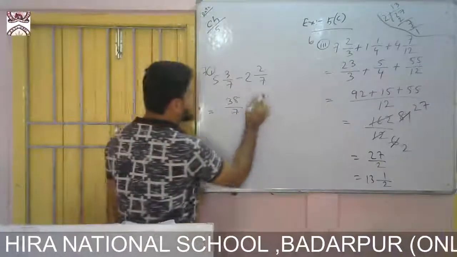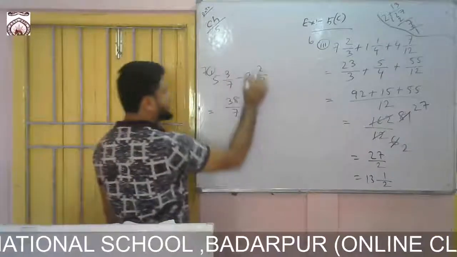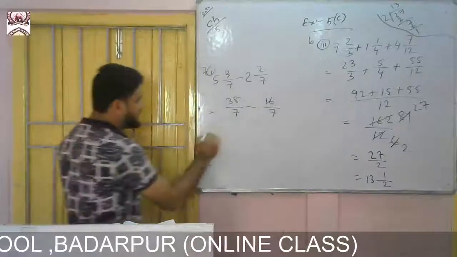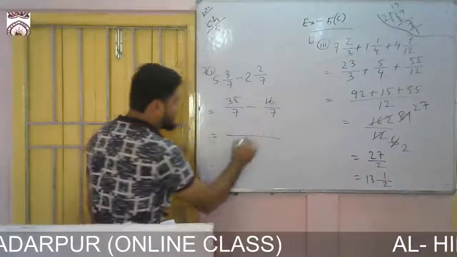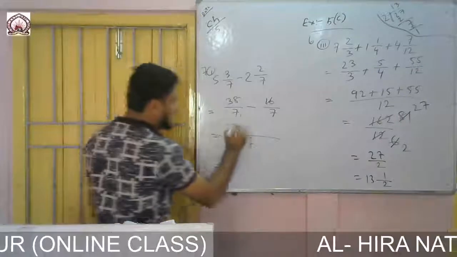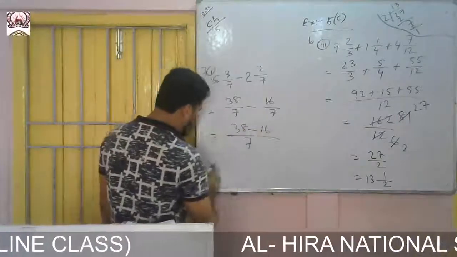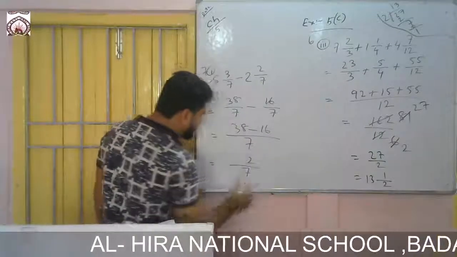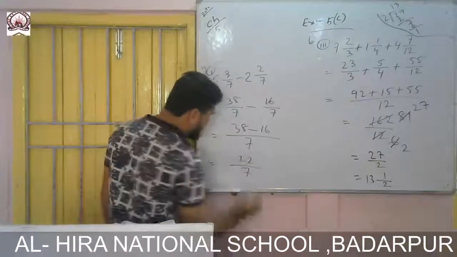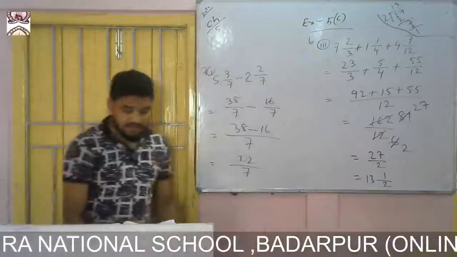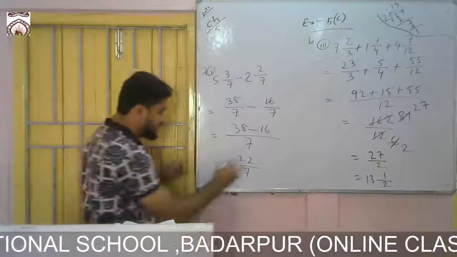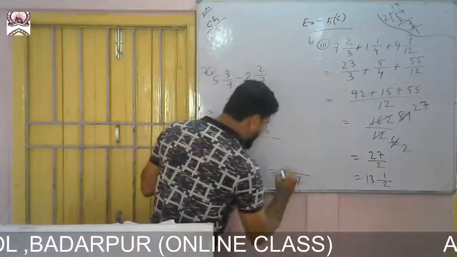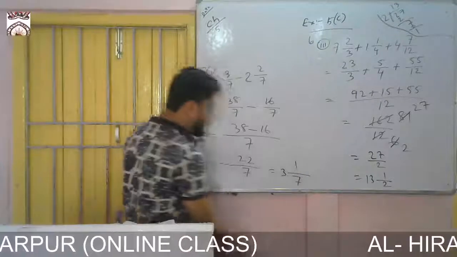Minus 2 7s are 14, 15, 16, so 16 by 7. Since both denominators are the same, 7 is the LCM, and 38 minus 16. Now subtract: 8 minus 6 is 2, 3 minus 1 is 2. So 22 by 7, so it is improper. Let me take it to proper: 7 3s are 21 and 1, 22.